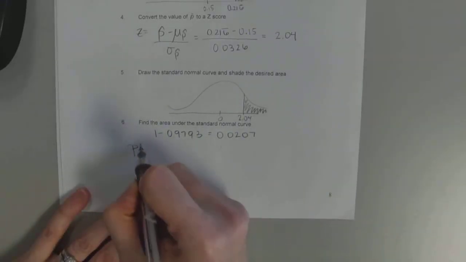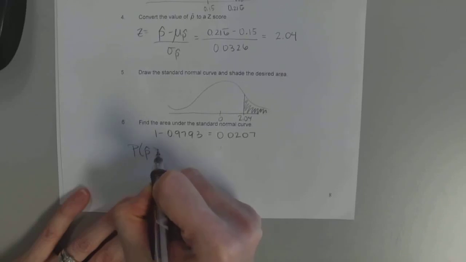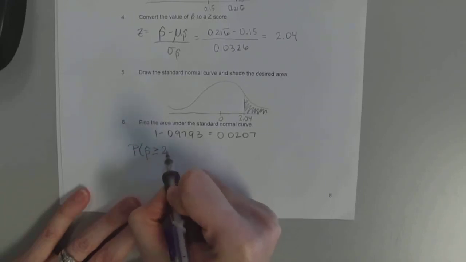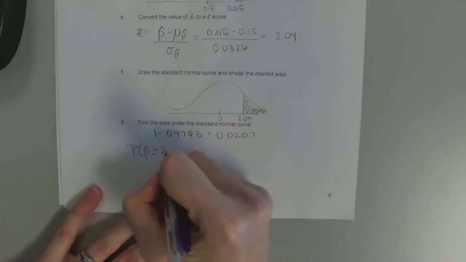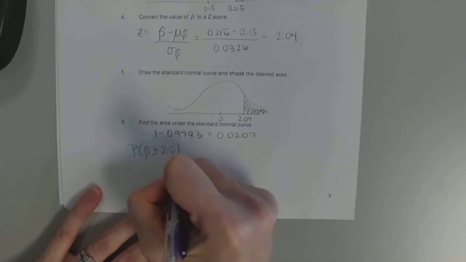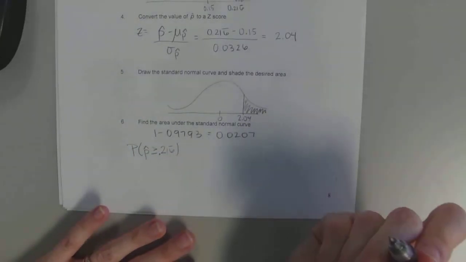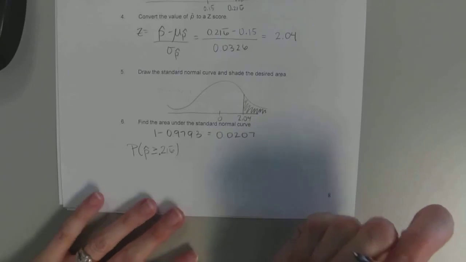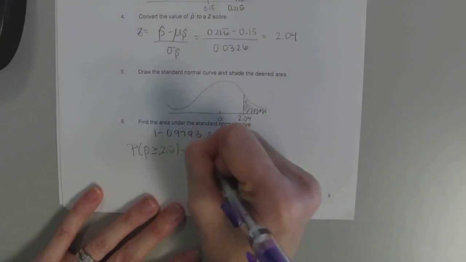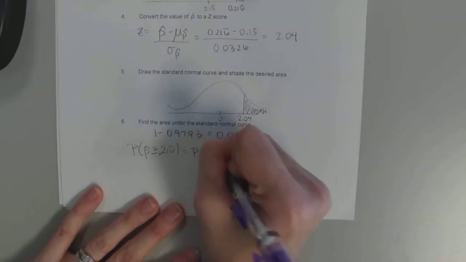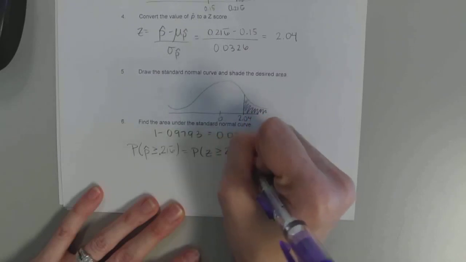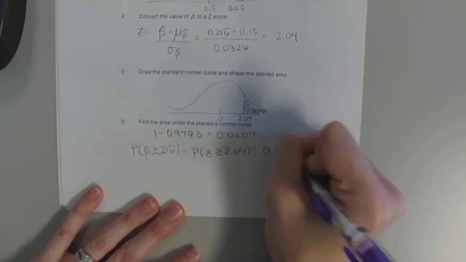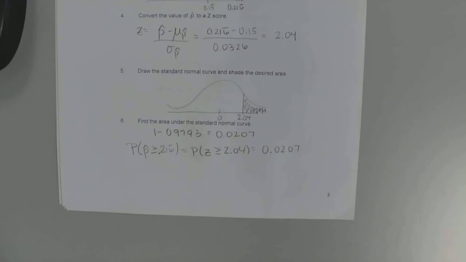We found the probability of our sample proportion being greater than or equal to 0.216 repeating. Okay? But we said we don't have a chart to tell us about hearing issues. So we had to change our probability and our score to a z-score of greater than or equal to 2.04, which equals 0.0207. But is that what it asks?